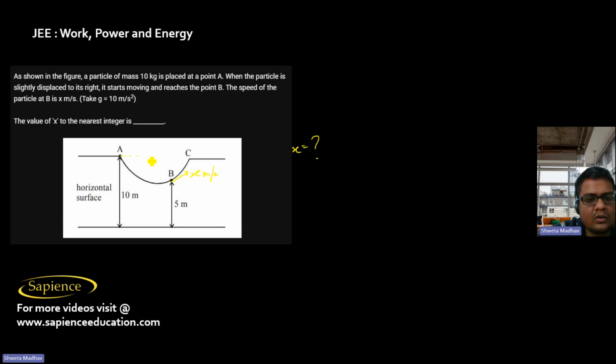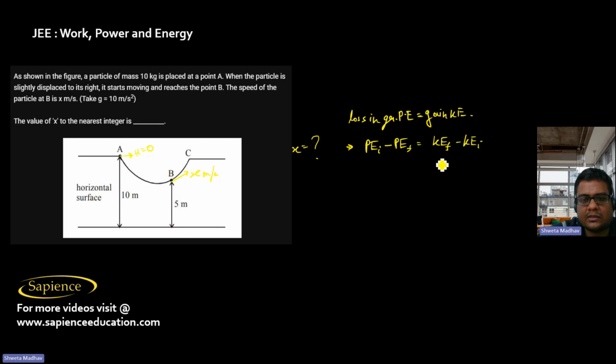So here we can say loss in gravitational potential energy is equal to the gain in kinetic energy. Here the initial velocity will be 0 only. Loss in gravitational potential energy means initial potential energy minus final potential energy, which is equal to final kinetic energy minus initial kinetic energy.